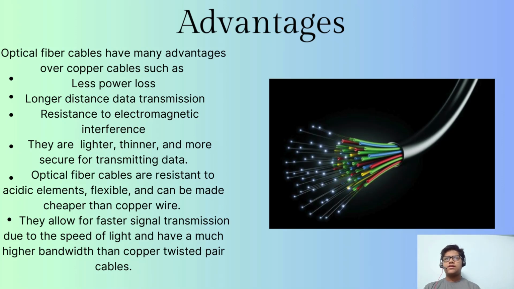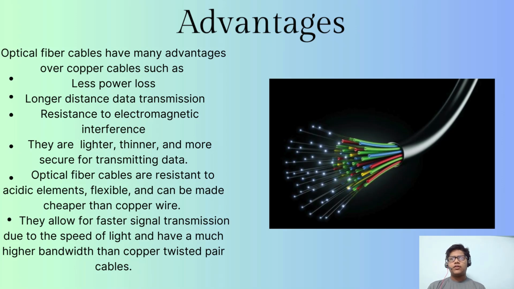Now let's understand some advantages of optical fiber. Optical fibers have many advantages over copper cables, such as less power loss, long distance data transmission, and resistance to electromagnetic interference. They are lighter, thinner, and more secure for transmitting data.